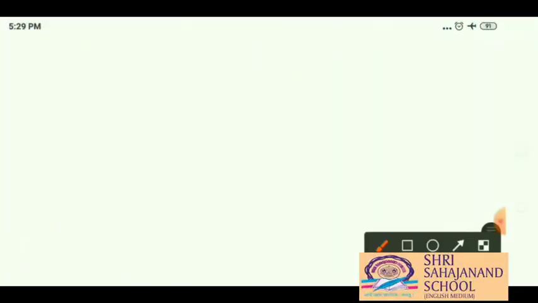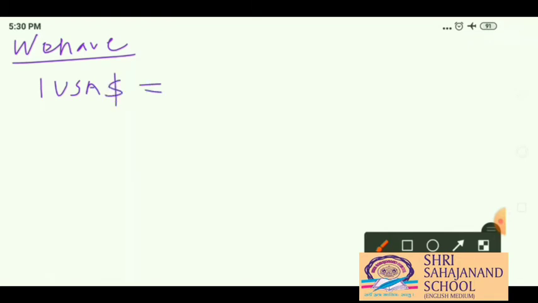First we will write what we have. 1 USA dollar, this is the symbol of dollar, makes 39.70 rupees.